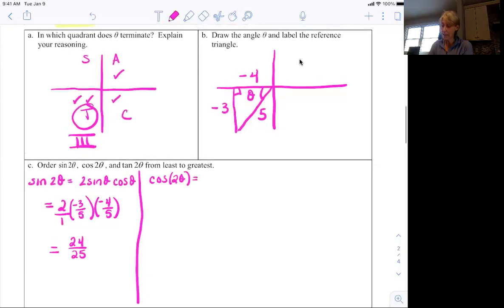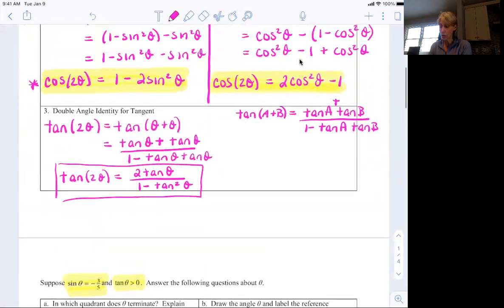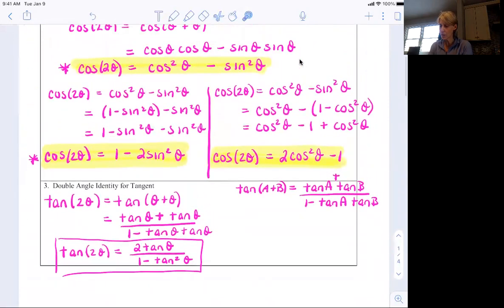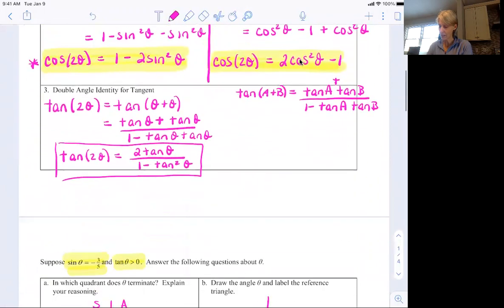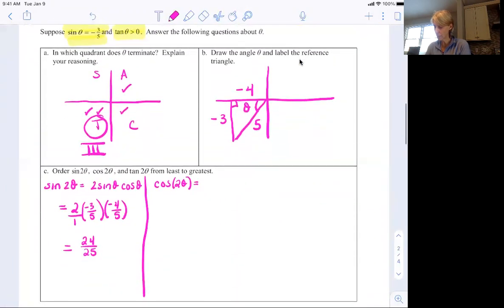So here I could literally choose from either one of these formulas. I'm going to go with this one because they gave me the sine in the original problem, and that way, in case I made a mistake finding my cosine, it won't affect me. One minus two.